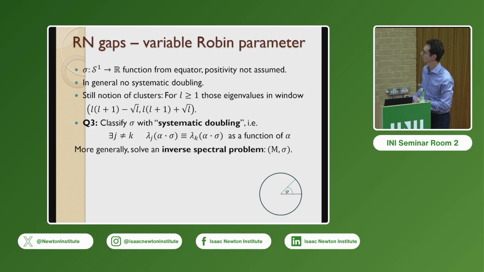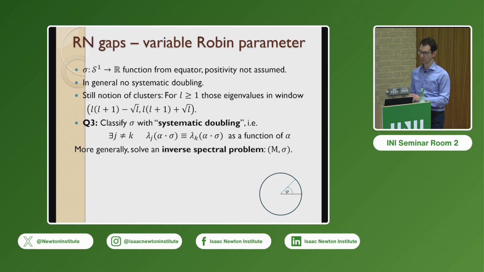Anyways, there is a notion of clusters, and basically if we start from the Neumann energy, these are intervals of width square root of L. Now, here is question number 3. Here we are going to slightly redefine notation. In the previous slides, sigma was a constant, and we were allowed to vary sigma, and everything was a function of sigma, like lambda j was a function of sigma.